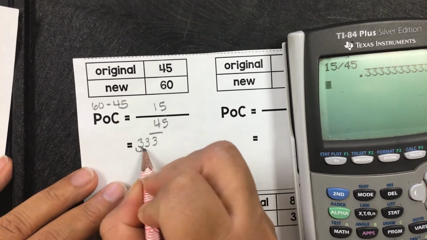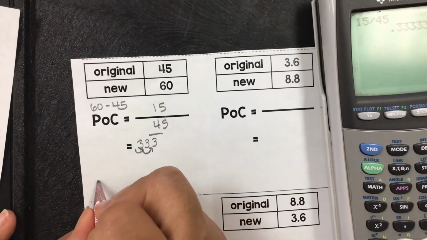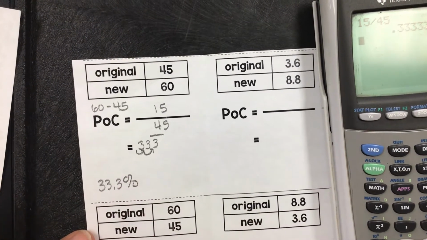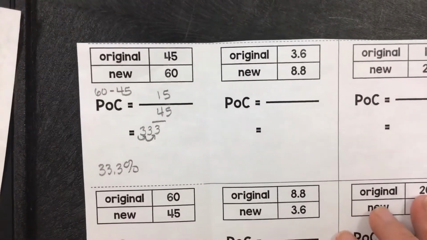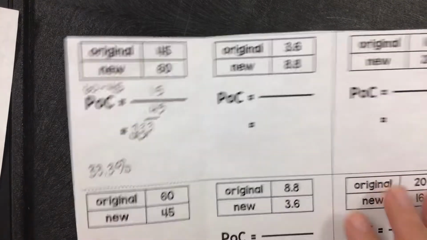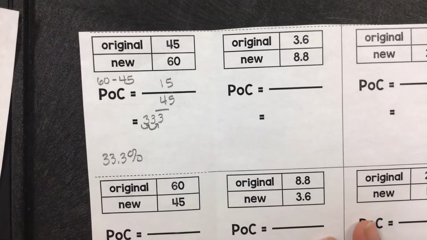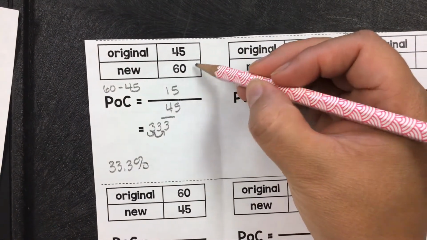We move it over 2 to get our percent, 33.3%. So you might be wondering how many decimal places. Sometimes it's okay to have one, or usually if they're repeating, you could just go to the tenths place. If it's more than that, then you would want to put it to the hundredths place. And this is an increase because the original was 45 and then the new one is 60.